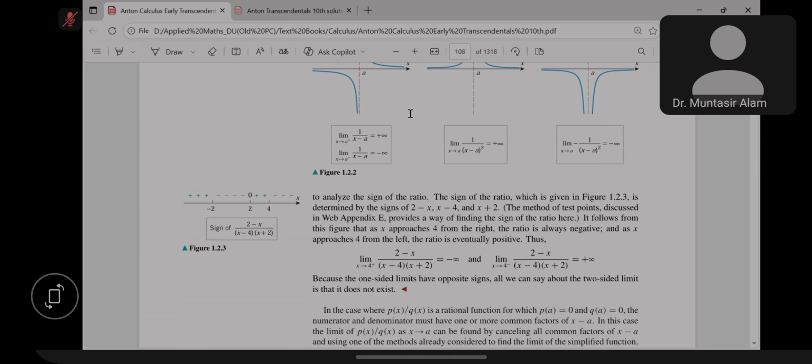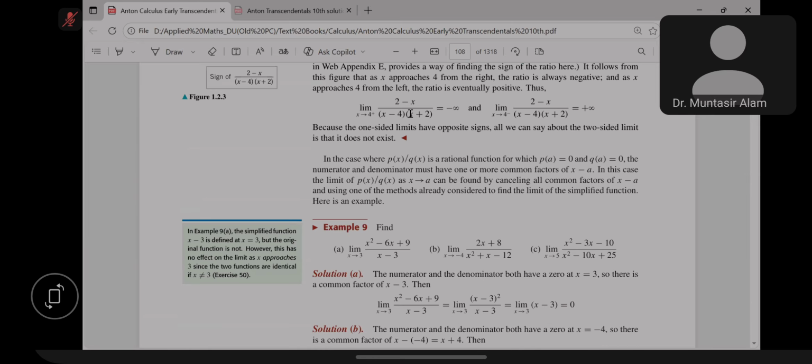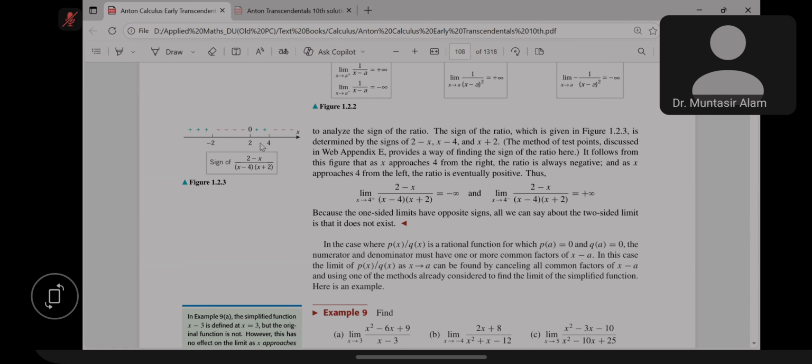You can see one step-by-step method has been discussed, and you can just check the sign from the real line. So the sign of the function 2 minus x divided by x minus 4 into x plus 2: first of all, you have to fix the points where we get 0 or infinity.